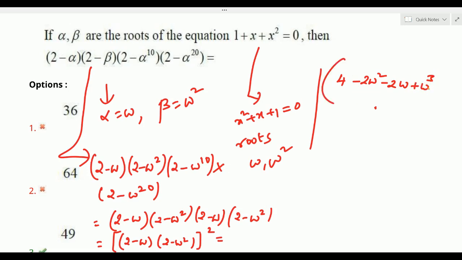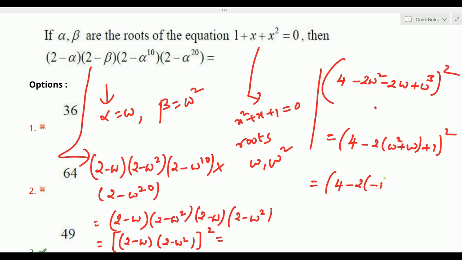Okay, now. So again this is 4 minus, from the 2 omega square and 2 omega, 2 is common, minus 2 is common, here omega square plus omega, and the omega cube, which is 1, and the whole square as it is. That is 4 minus 2 of omega square plus omega, which is minus 1, right?